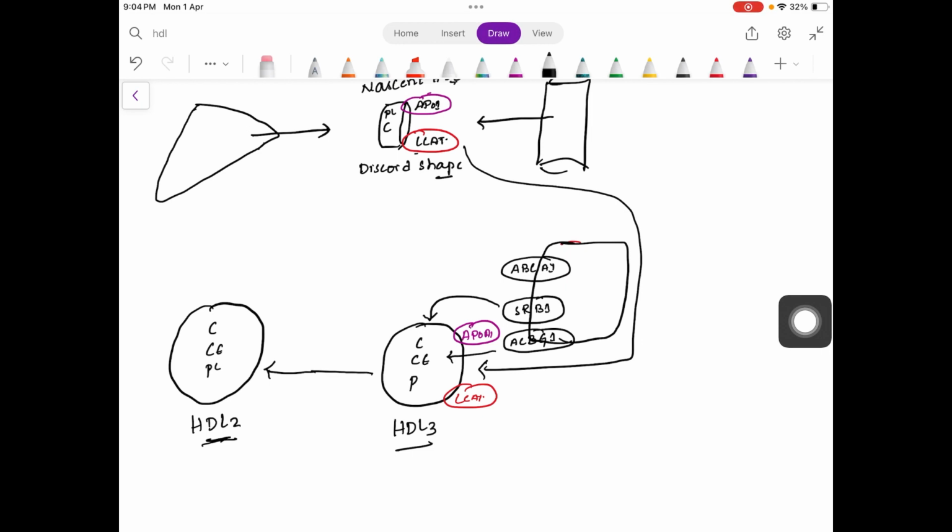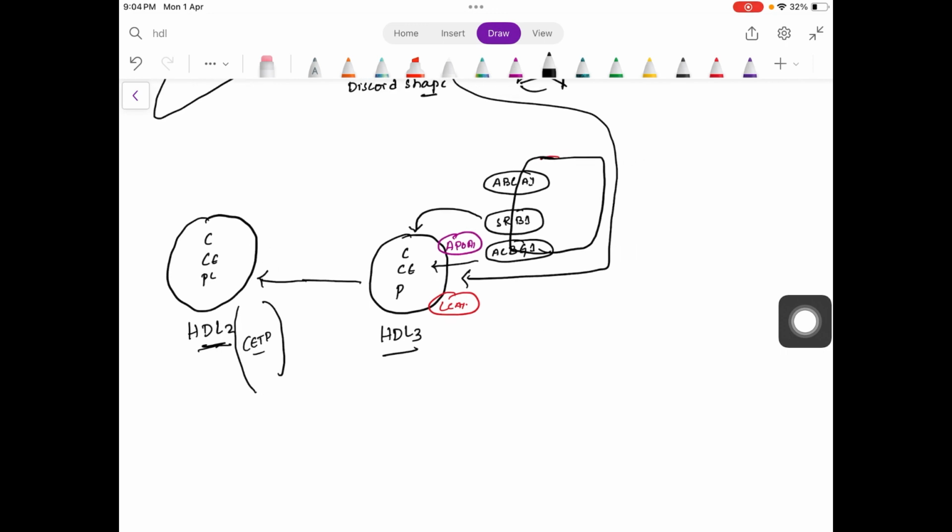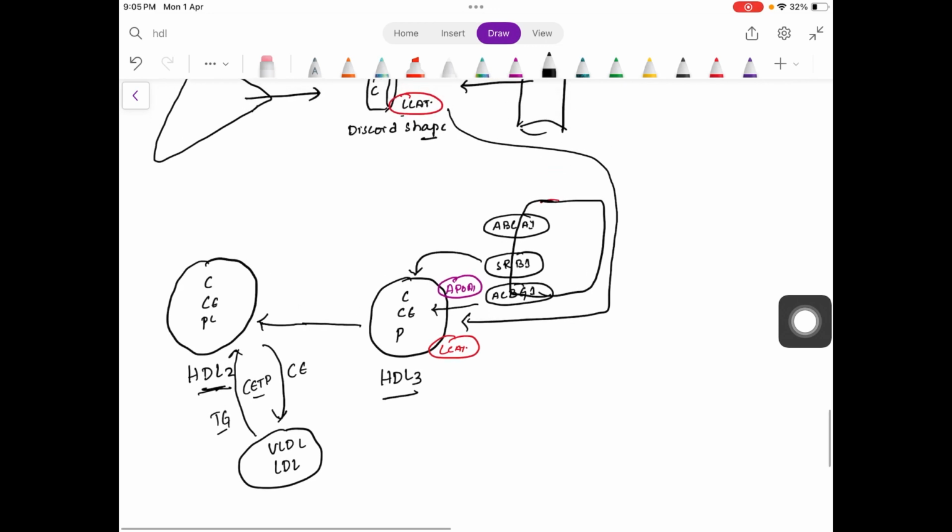Now this HDL2 molecule, with the help of CETP, this is CETP, will transfer cholesterol esters from HDL2 to VLDL or LDL molecule, and they will take up triacylglycerols from VLDL or LDL molecule to the HDL2 molecule.